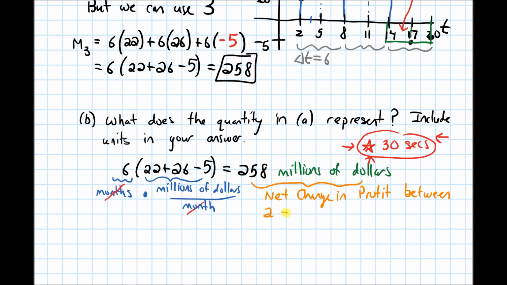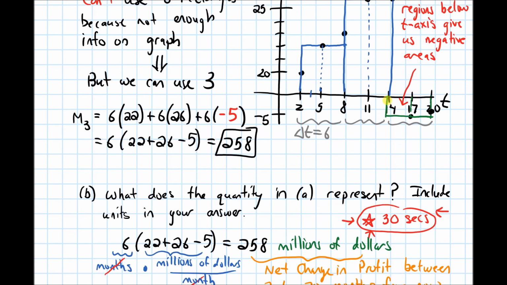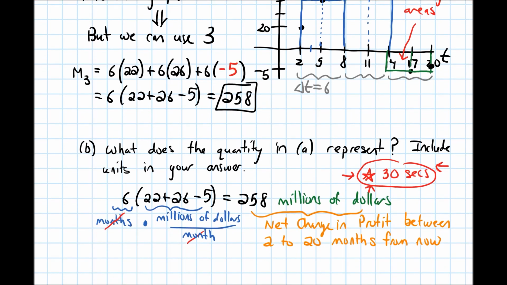Between 2 and 20 months from now. So if our graph had looked a little bit different, for example, if this projection where it went below the t-axis had been a whole lot lower, maybe the overall area would have been negative. And if it had been negative, that would mean that the company is projecting that their net change in profit is negative. In other words, that they have a loss.